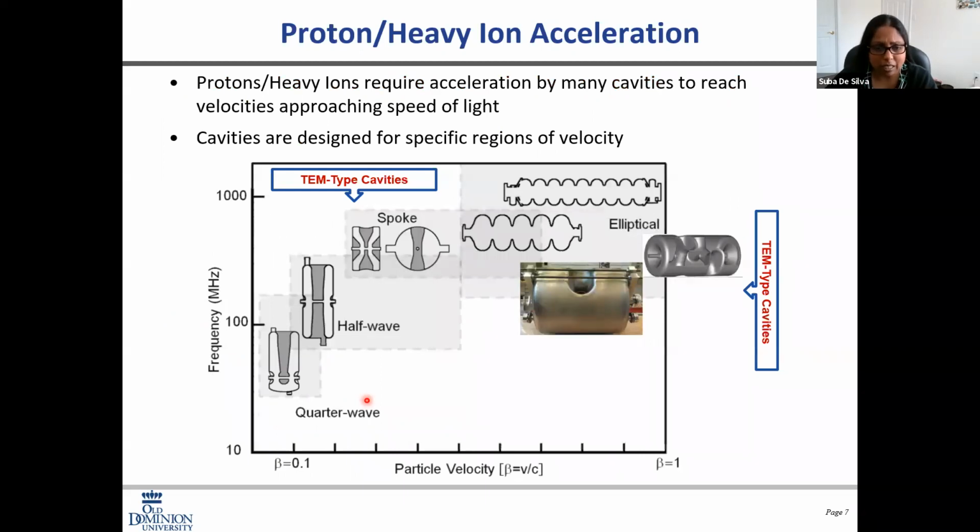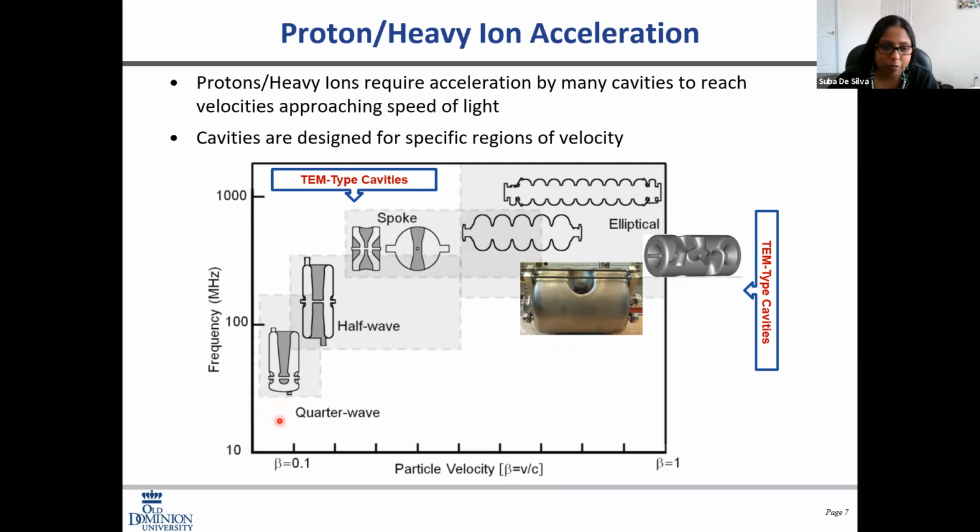So let's look at the spectrum of the velocity of the particles as a function of the frequency. As we said, we need these kinds of cavities to accelerate protons or heavy ions with varying beta.